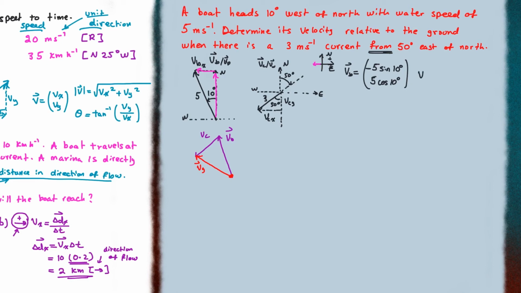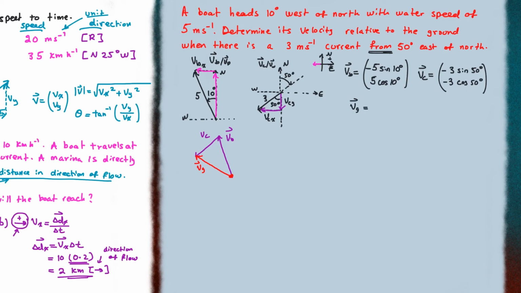For the current, the x component is going opposite to our coordinate system, and since it's opposite to the angle, it's -3 sine 50, and the y component is also opposite to our coordinate system, so that's -3 cos 50.